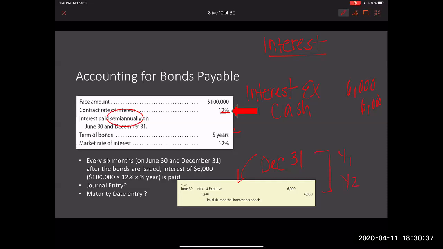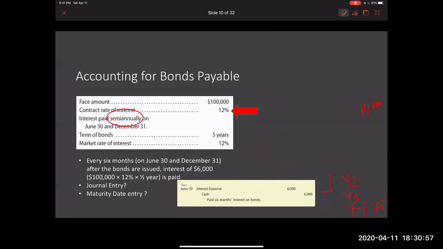Year number 2, you're going to have the same 2 entries, and year number 3, year number 4, and year number 5, because again, the term of the bond is 5 years. That's what the company is committing to. Now we need to talk about what happens when the 5 years is over. What does that look like?